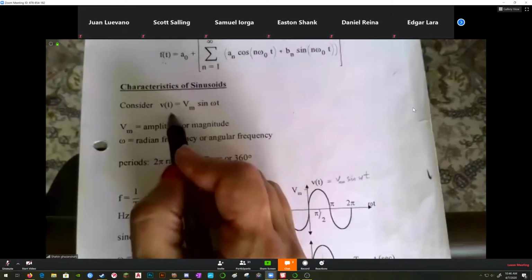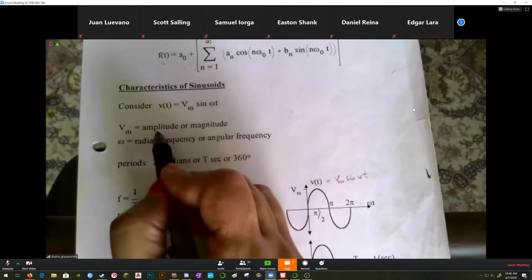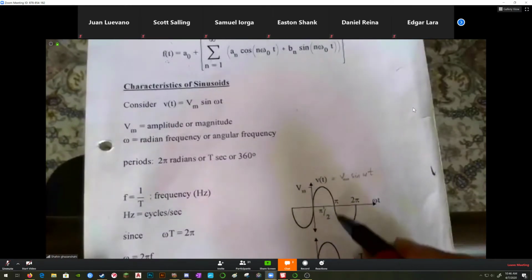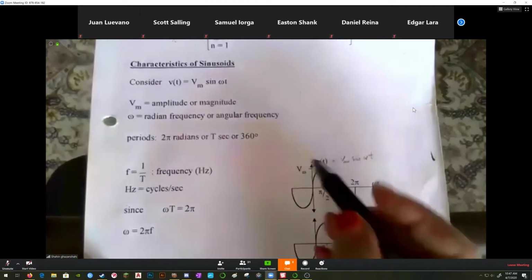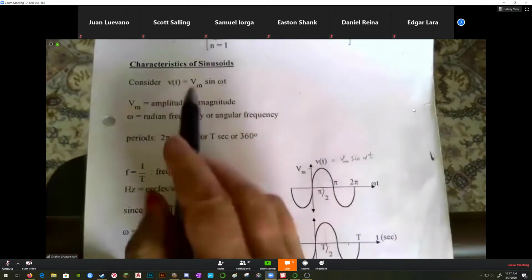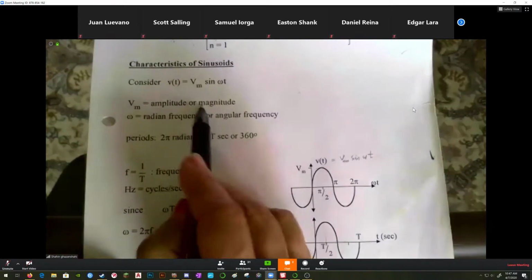If I have a sinusoidal signal like this one, this is called the amplitude or magnitude. If I plot this sinusoidal signal, these peak values we show with the Vm here, which is called amplitude or magnitude.